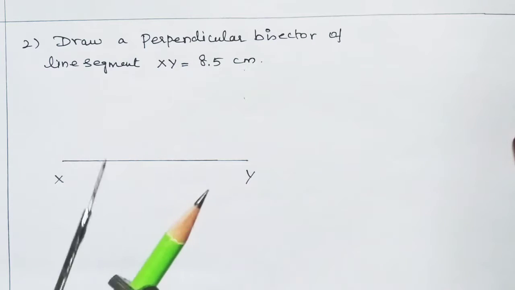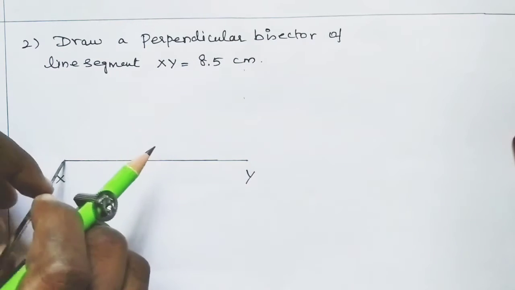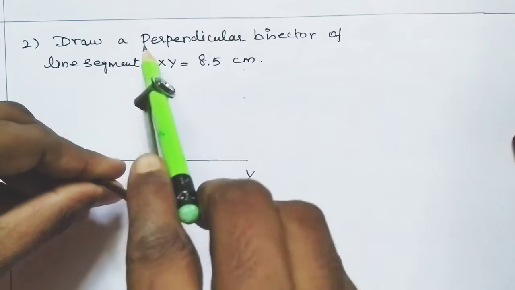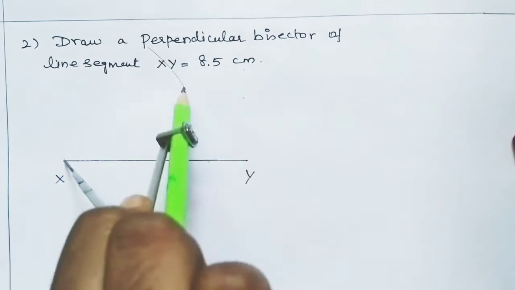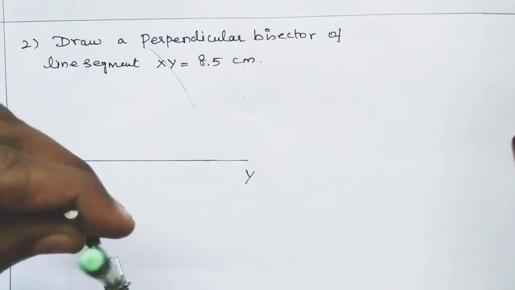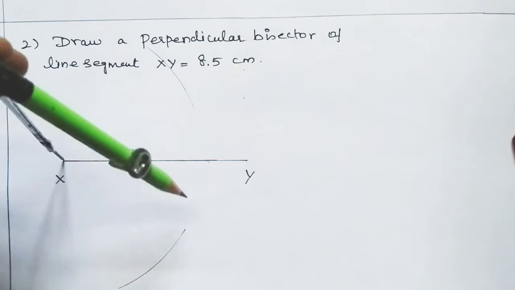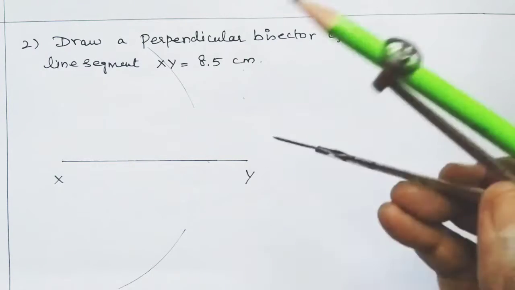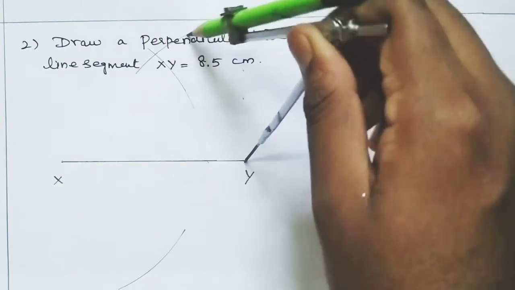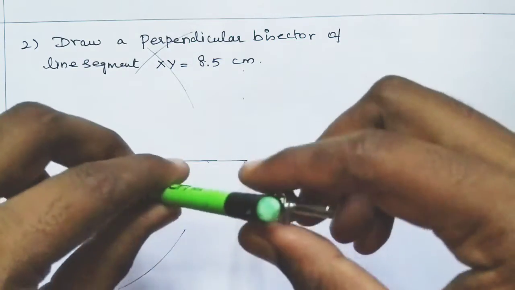Mark it as X, Y. Now take the radius more than half of XY, that is more than half of 8.5 centimeter. Draw an arc above and below. With the same radius, with Y as center, draw an arc above and below.